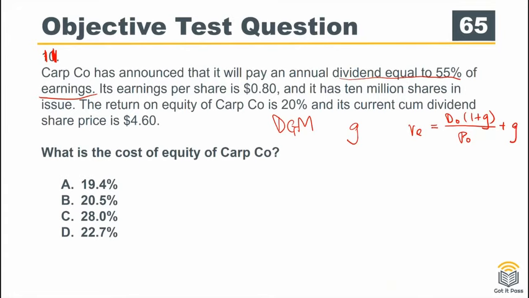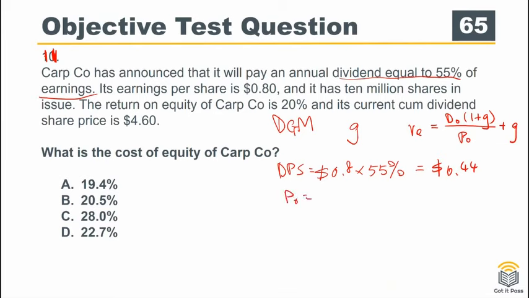For the dividend per share, which is the earnings per share times dividend payout, which is 55%. So it is dividend per share 44 cents per share. Okay, so we got the D naught, and then the P naught.